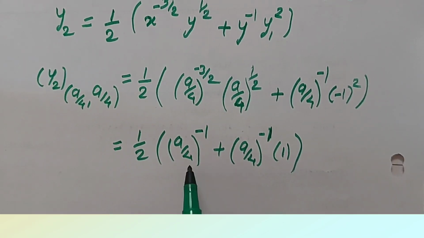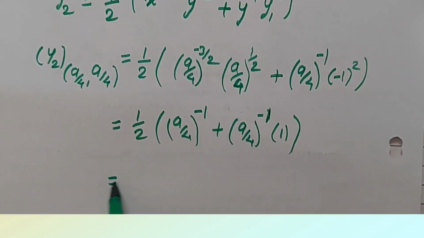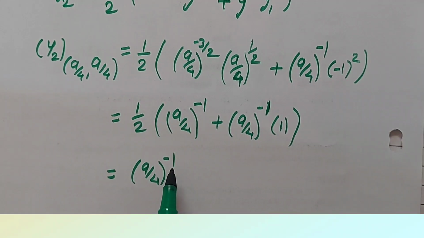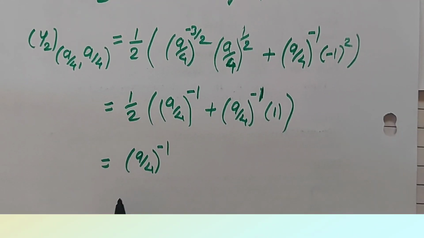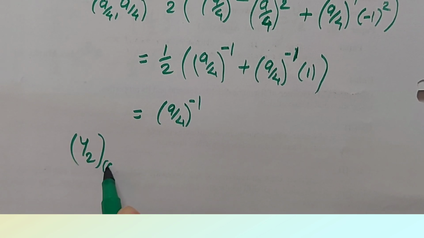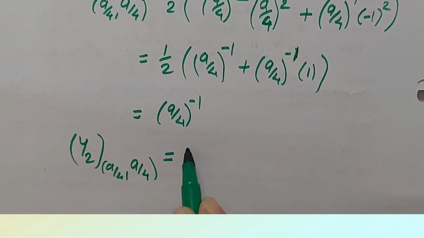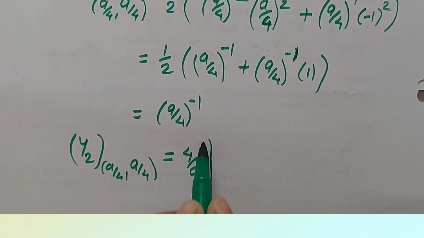Now here both the terms are similar, so it is twice, and outside it is 1 by 2, so 2 twice 2 cancel, remaining is a by 4 raised to the power minus 1, and we know that if we are taking negative power, that means it is a reciprocal, so here y2 at a by 4 comma a by 4 is 4 by a.